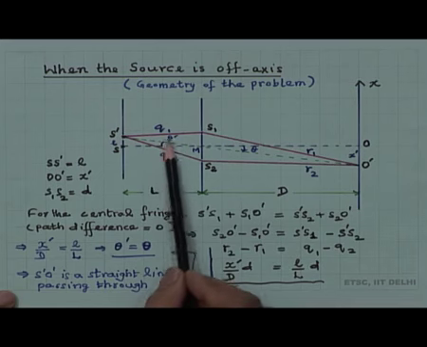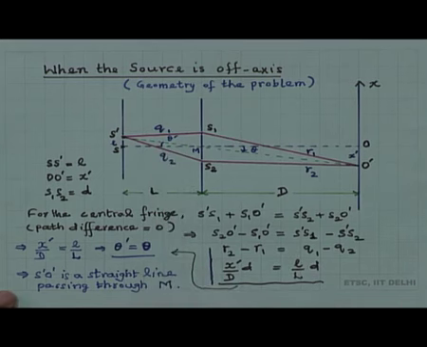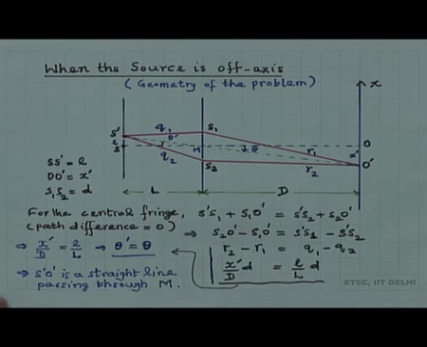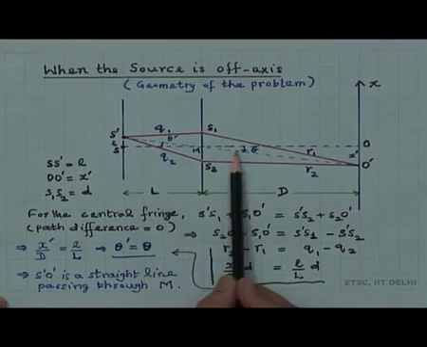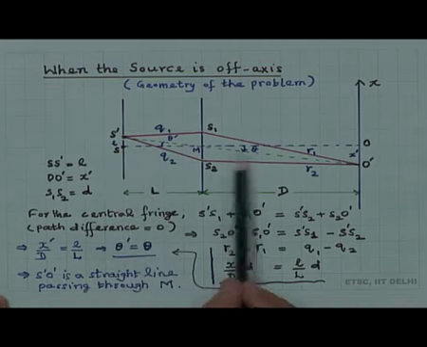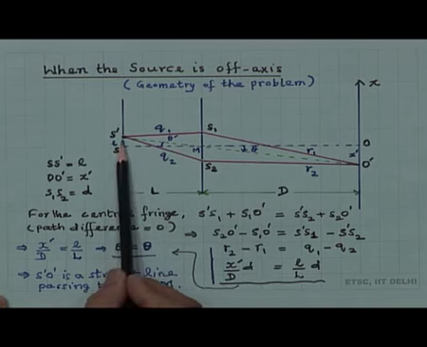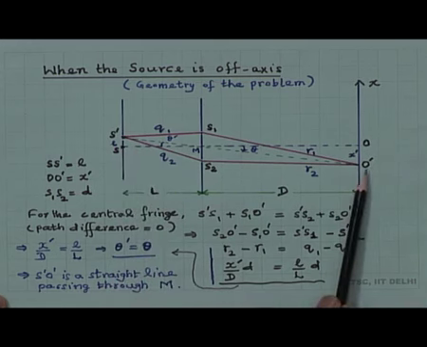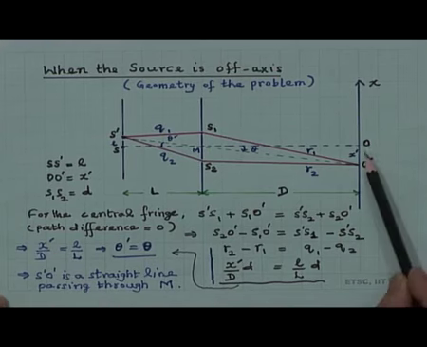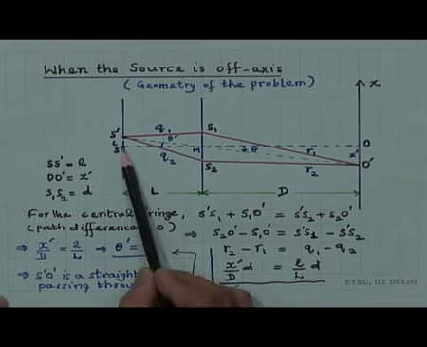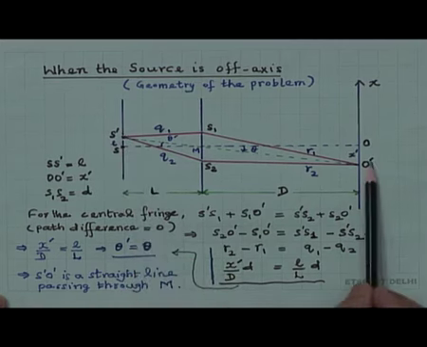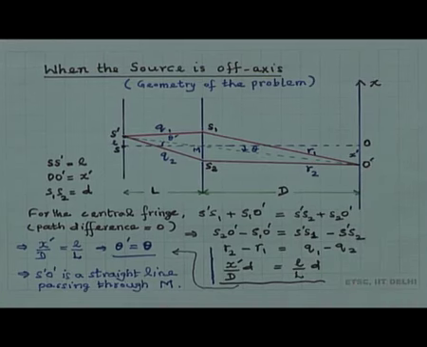I have shown theta dash here, and they have to be equal. So if theta is equal to theta dash, that simply means that these are opposite angles, which means that S dash O dash is a straight line passing through the point M here. So we have x dash by D equal to the offset l divided by L.